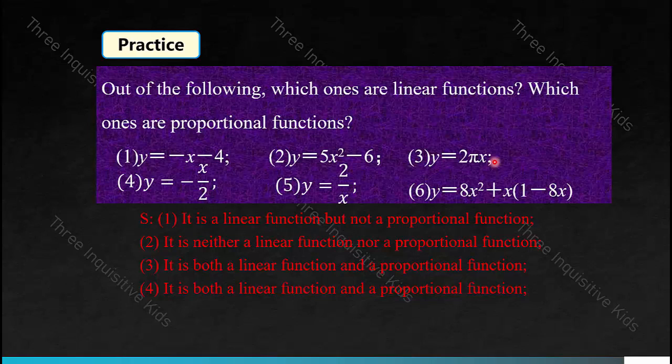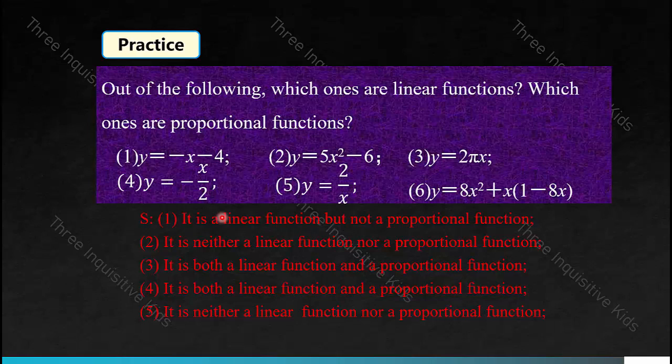Number 4 is both a linear function and a proportional function, just like the last one. Because here, this term has a coefficient of -1/2, and it has no constant term. Number 5 is neither a linear function nor a proportional function, because remember, a linear function has to have whole expressions on both sides of it.